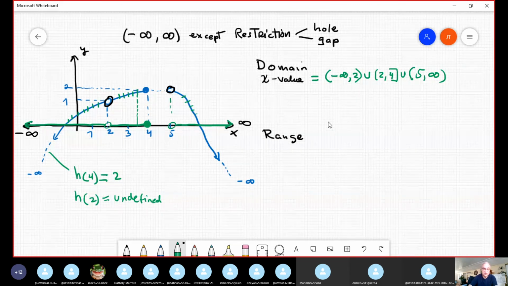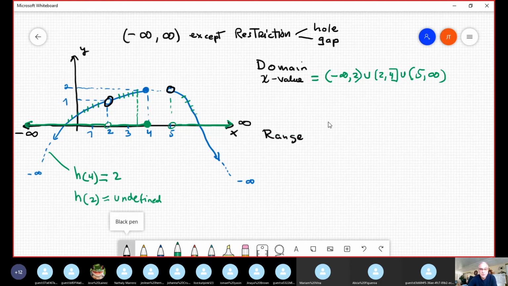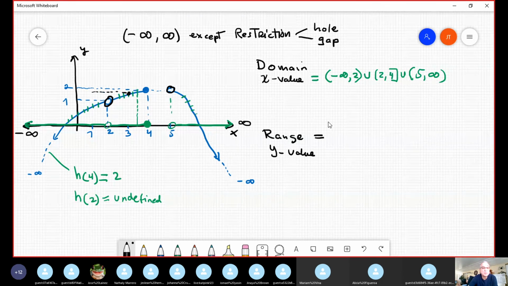Range is always a little bit more complicated. Suppose, let me use black color for the range. Range is the y value. So we are doing a similar procedure. You project any point on the curve, but projecting on the y-axis. Suppose this point. You project it here.